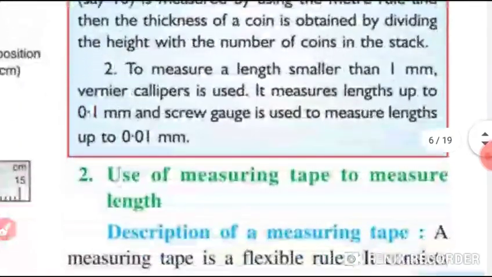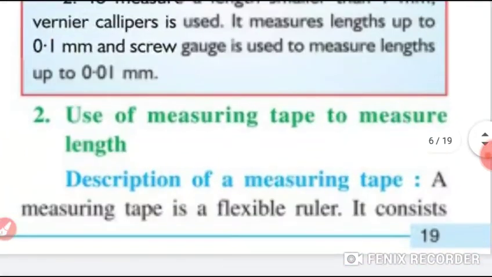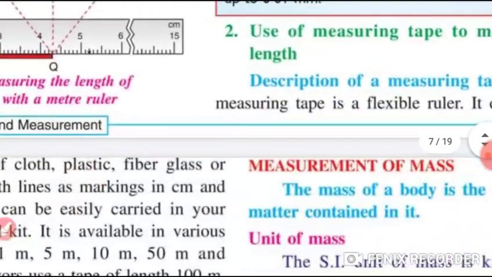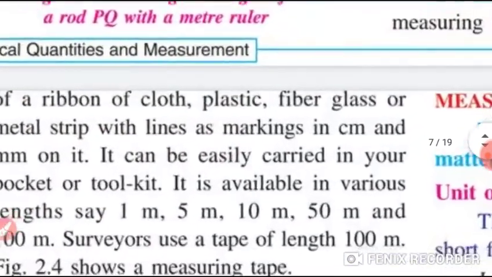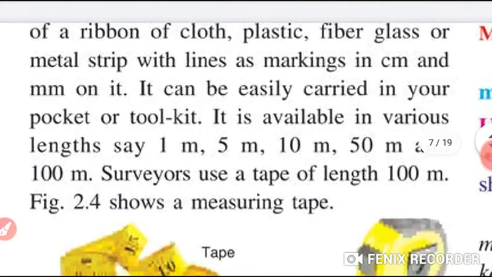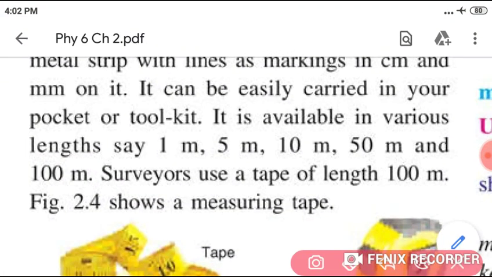Now students, use of measuring tape to measure the length. What is the measuring tape? A measuring tape is a flexible ruler. It is made up of a ribbon of cloth, plastic, fiberglass or metal strip with lines as markings in centimeter and millimeter on it.